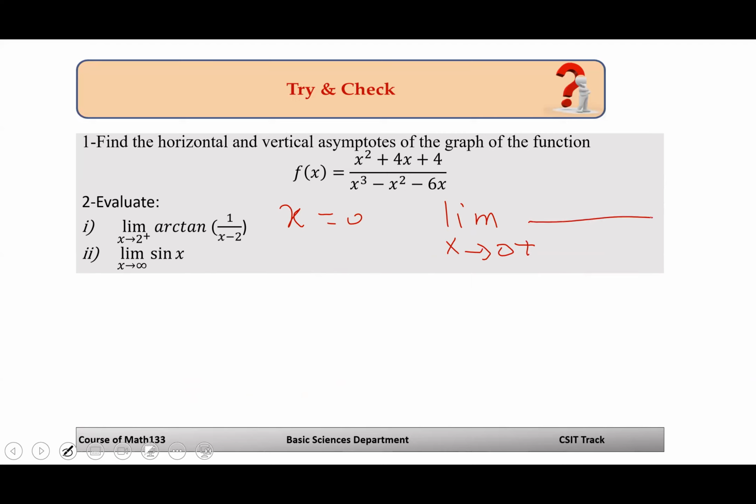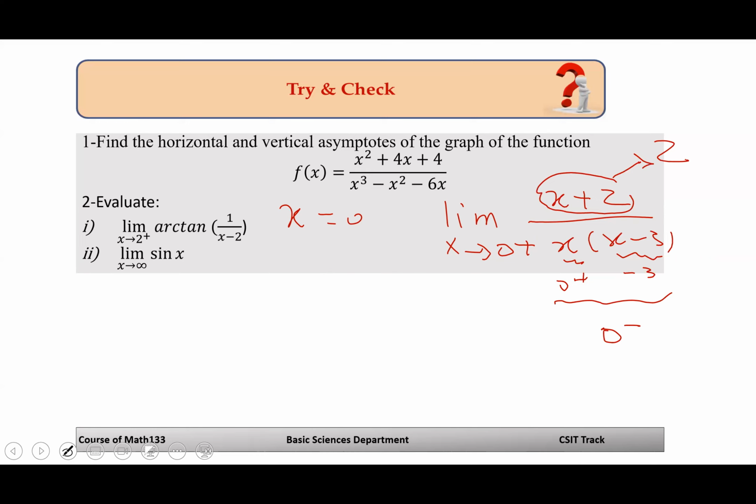So it's the limit as x approaches 0 plus of x plus 2 over x times x minus 3. What happens here? When x approaches 0 plus, this will approach minus 3, but this will approach 0 plus. 0 plus times minus 3 will give 0 minus, because minus 3 is negative times 0 plus, which is positive, so it will be a negative number. This one here will go to 2. So 2 over 0 minus will give minus infinity, and x equal to 0 is a vertical asymptote.